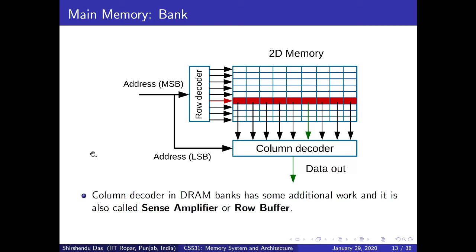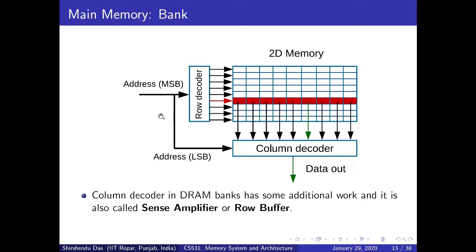Now suppose this bank is designed with DRAM technology. As I already explained, if this bank is designed with DRAM technology, then to store each binary bit we are using a DRAM cell. So if we want to store 8 bits of information here, then within each column there will be 8 DRAM cells.